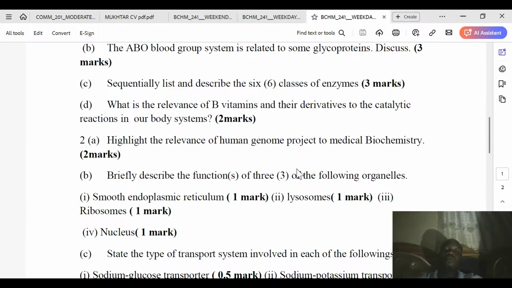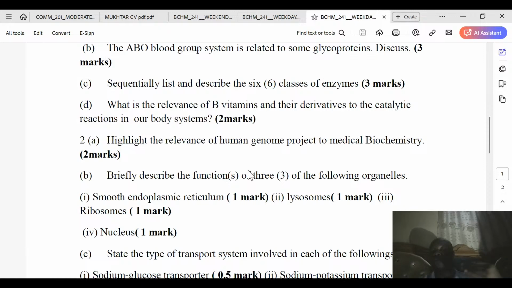As a result of the Human Genome Project, the narration of medical and life sciences has changed, because since the project was conducted, scientists have been able to understand so many diseases.